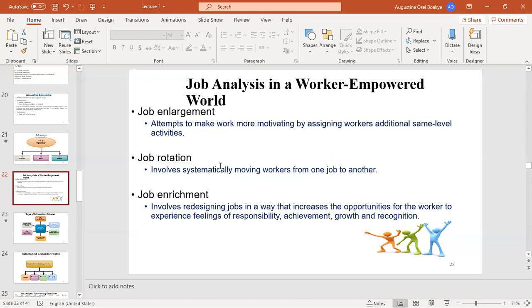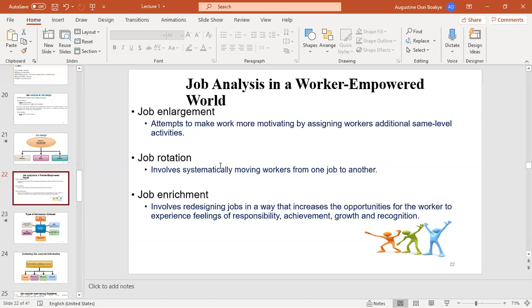Are you listening? When we talk about job rotation, it simply means that the job incumbent is gradually moved from one aspect of the organization, which could be the marketing department, to a sales department, to an HR department, to the public relations department, and so on and so forth.